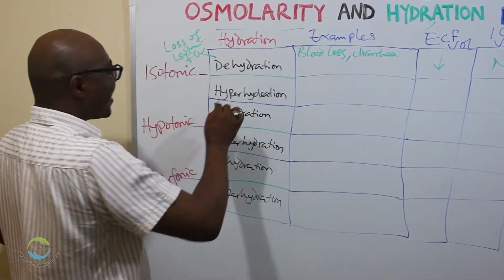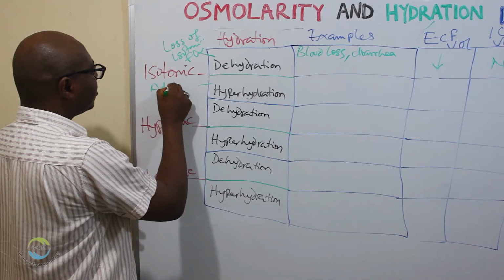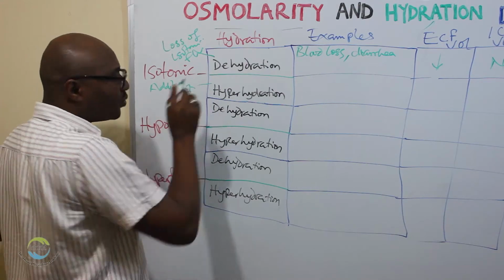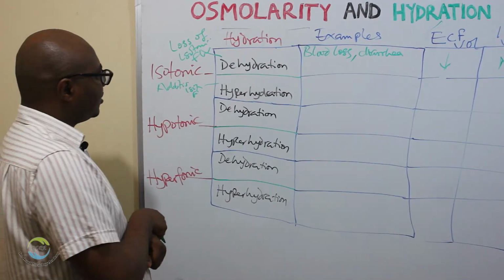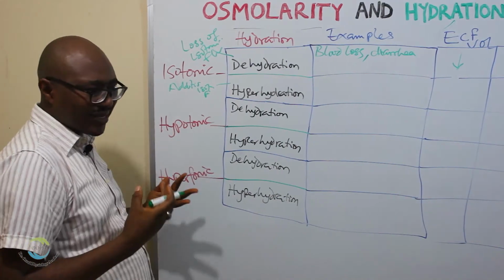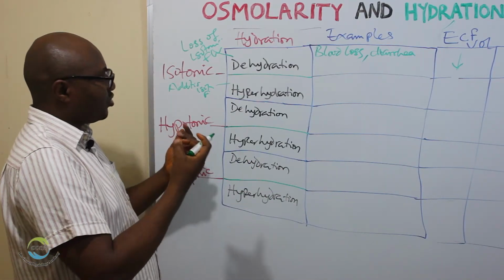So isotonic hyperhydration. What is happening? There is addition of isotonic fluid. So what do you think can happen? What do you think could be possible causes or examples? Isotonic fluid is being added to the ECF.